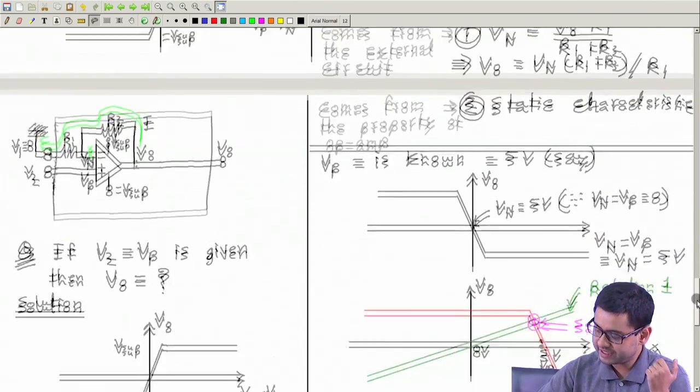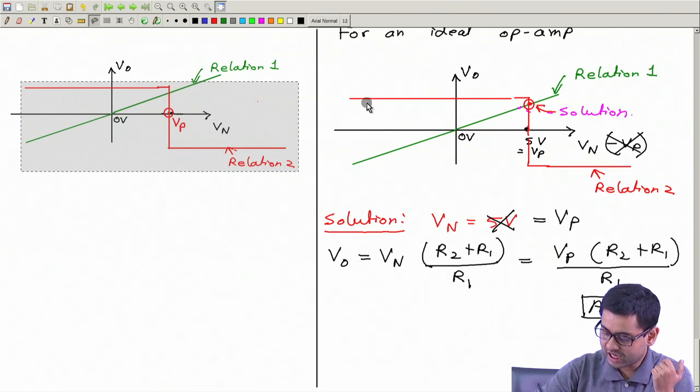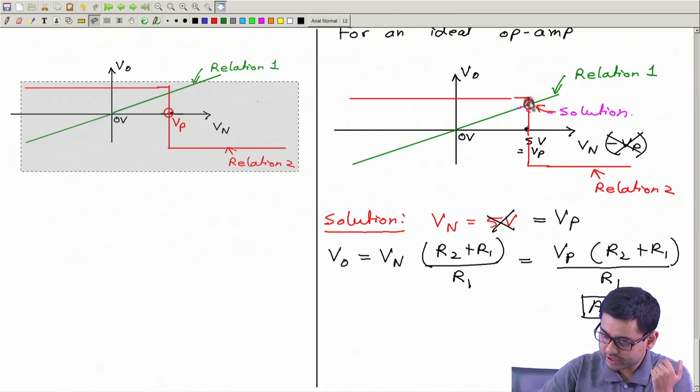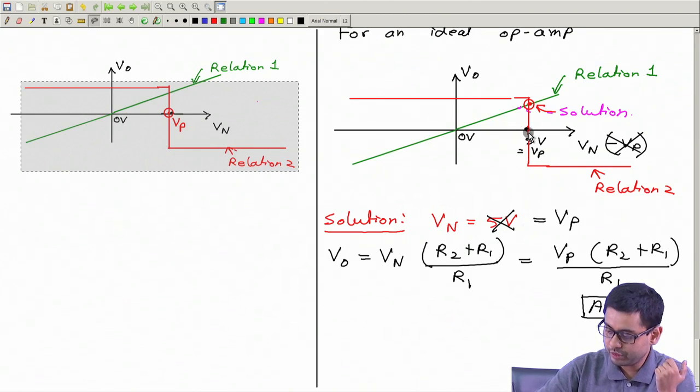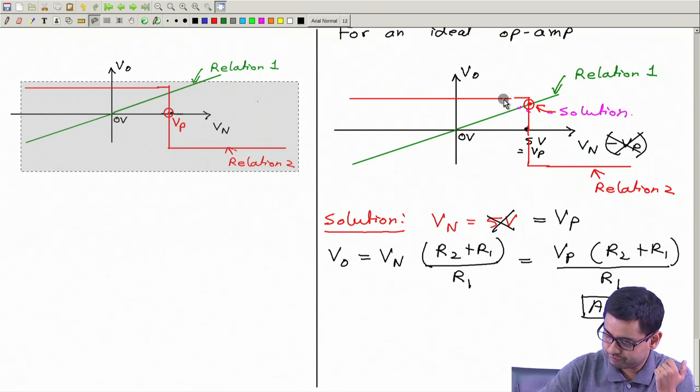But what will change is this red curve which comes from the static characteristic. Why will it change? Because the point at which this vertical line is there is at the value of Vn equal to Vp. If Vp is 5 volt, it will pass through this. If Vp is 3 volt, it will pass through this, and so on.